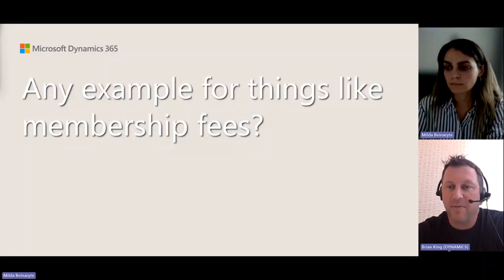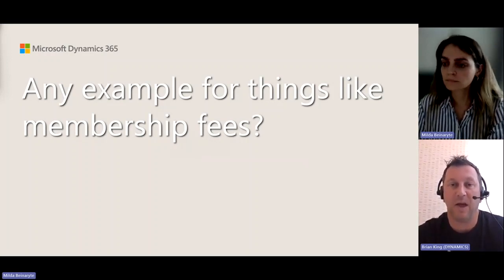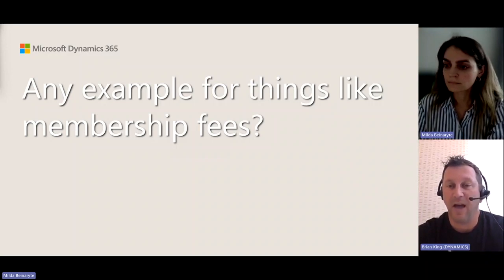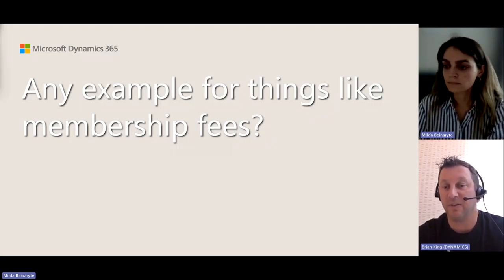Any example for things like membership fees? Here, this once again wouldn't necessarily require the project integration. If you just wanted to manage this through a billing schedule, you could do that. If you wanted to track it as far as costs and get a little more insight into it, you could definitely track it with a project as well.